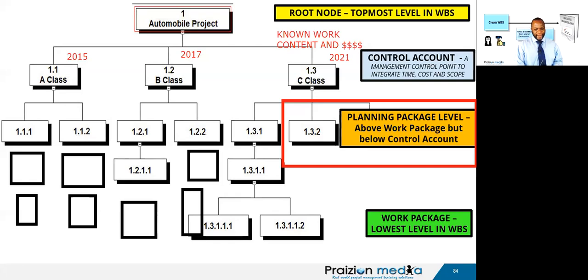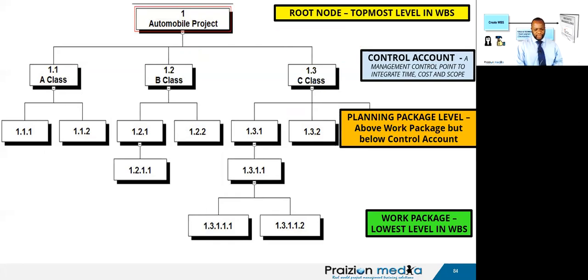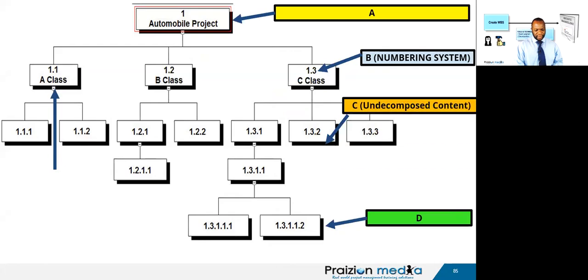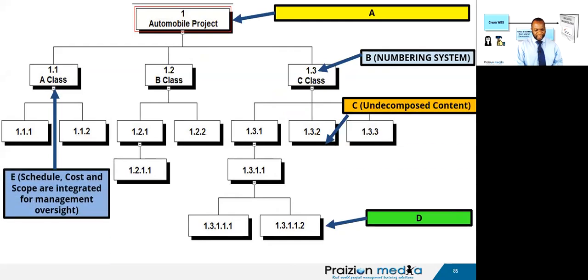All righty then. So my friends, here we go. A, B, C, and D. Last but not least, we have E, which we will refer to as, oh, you've already seen E, it is the control account.